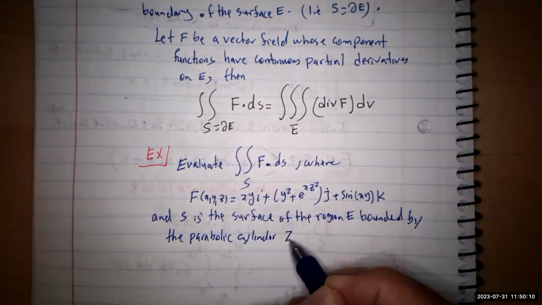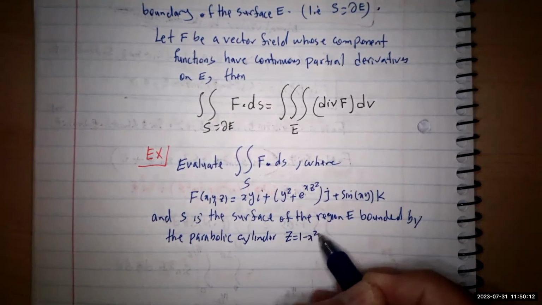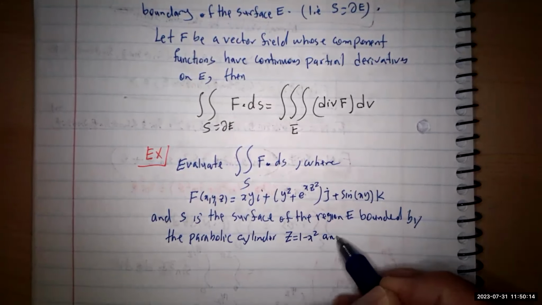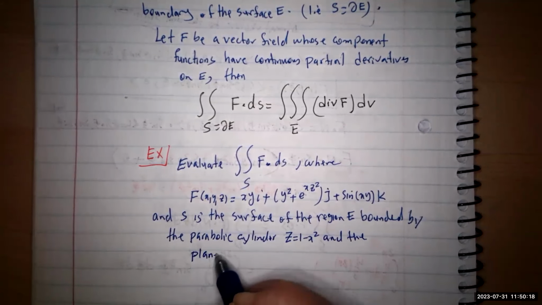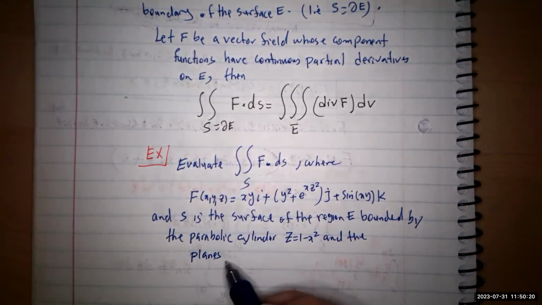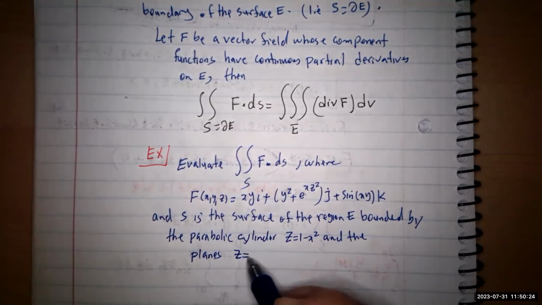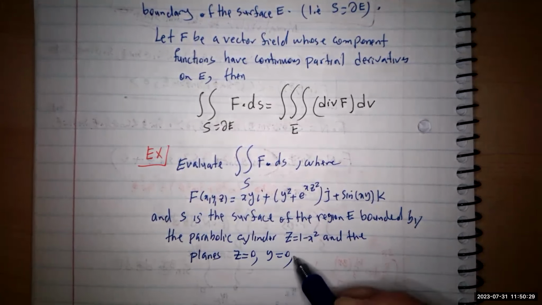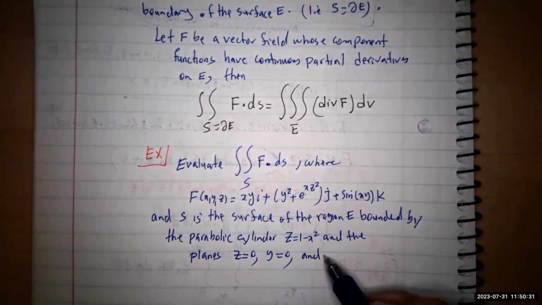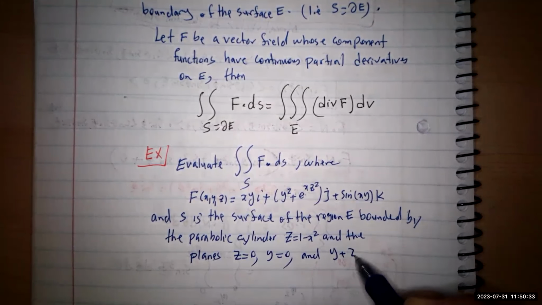The cylinder is z equal to 1 minus x squared, and the planes z equal to 0, y equal to 0, and x plus y equal to 2.